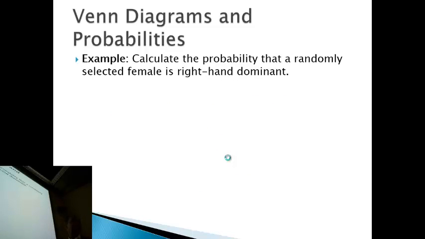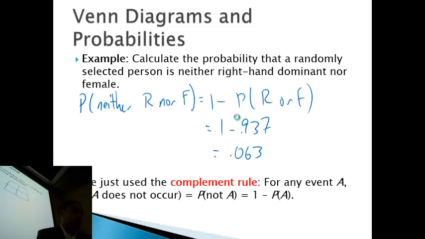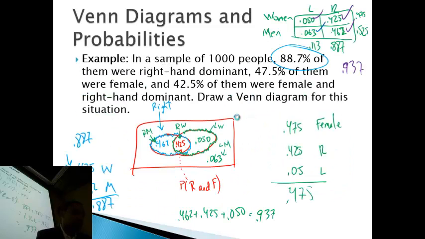Moving and grooving. It said to calculate the chance that a randomly selected female is right-handed dominant. Okay, let's put on our chapter 6 thinking caps. So with that in mind, we had this chart in chapter 6 world.